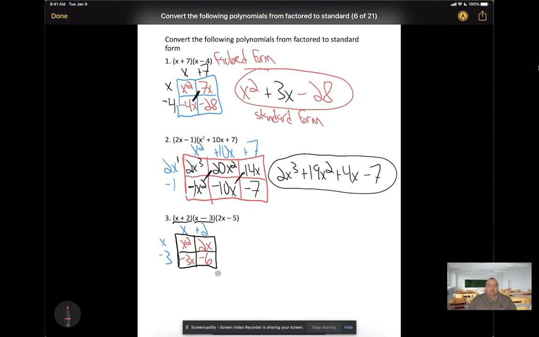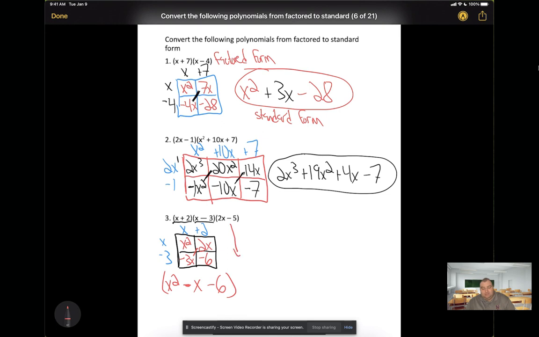So if I put that together, I end up with, starting in the top left, I have x squared. Then I have negative 3x and positive 2x. So along this diagonal, negative 3 and a positive 2x is going to become a negative 1x minus 6.